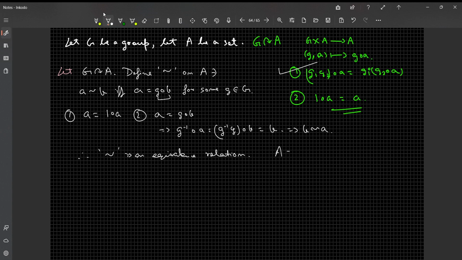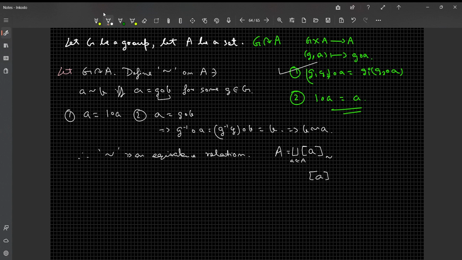So A can be written as the union of the equivalence classes of the elements small a, where small a is in capital A. This is possible because you can express this as a union, and it is a disjoint union, because equivalence classes are either the same or are disjoint.